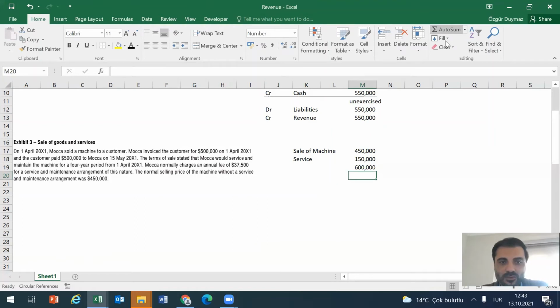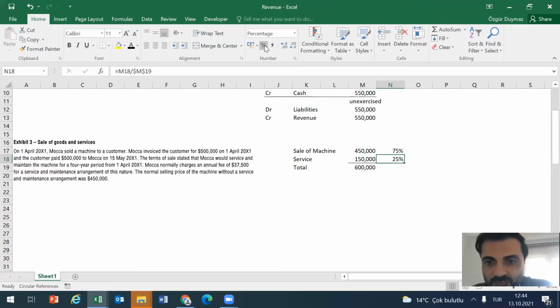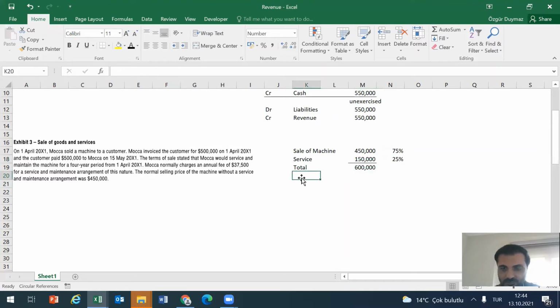But Mocha invoiced the customer for these two types of sales together $500,000. So 75% and 25%. And the total invoice amount in the scenario was 500,000.